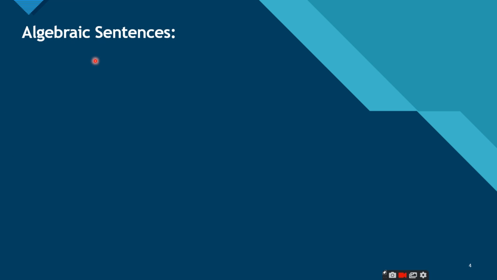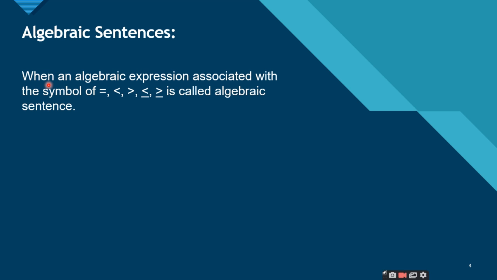Second definition is algebraic sentences. What are algebraic sentences? When an algebraic expression is associated with a symbol of equal to, greater than, less than, greater than or equal to, less than or equal to, it is called an algebraic sentence.